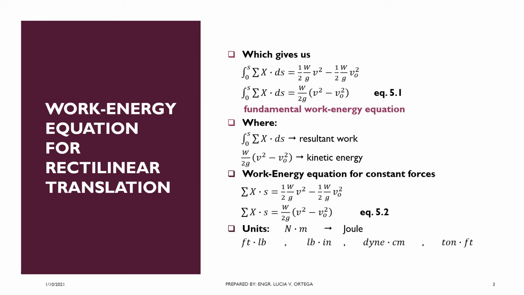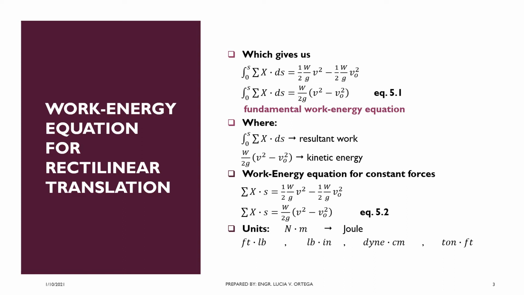We can factor out W over 2g. Inside the parenthesis would be v squared minus v sub o squared. This is now the change in energy, and on the left side is the work. So the net work acting on a body is equal to the change in energy.